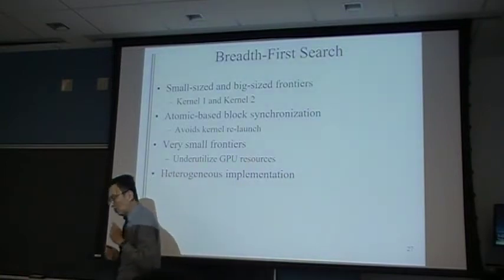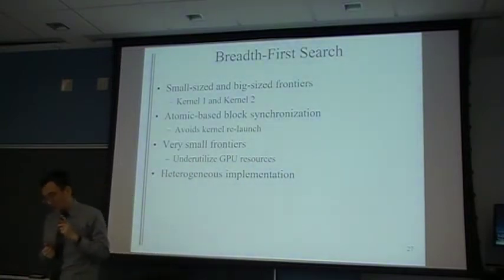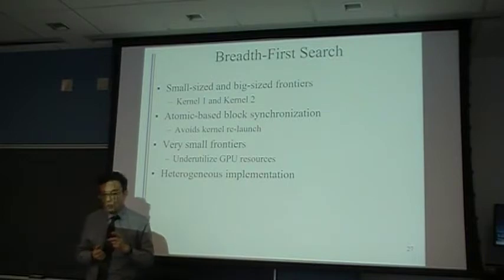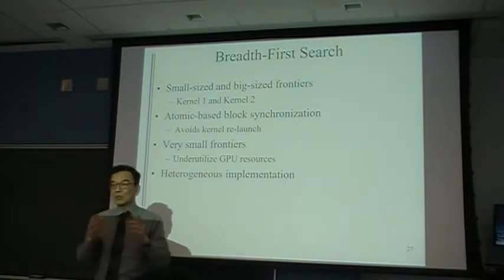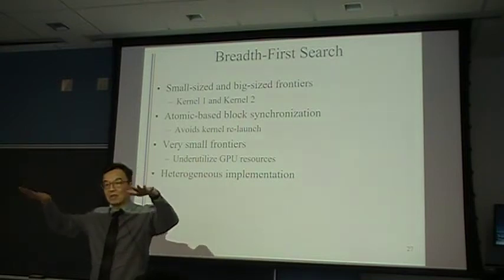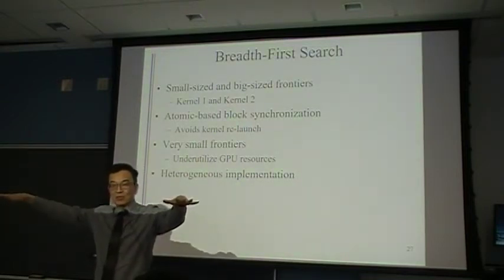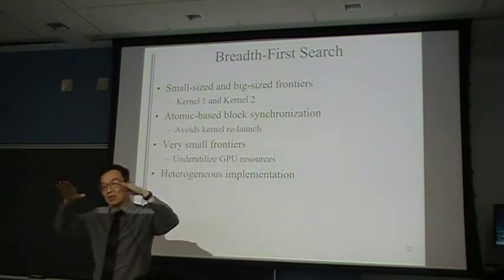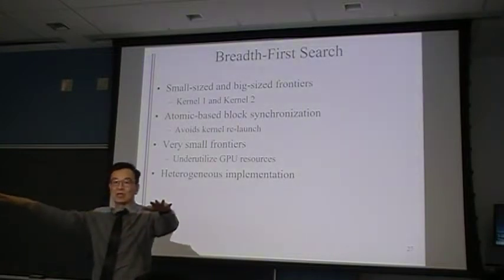So we're going to talk about atomic-based block synchronization, or atomic-based barrier synchronization, that forces all the thread blocks to be at the same point of execution before they can all continue to the next phase.